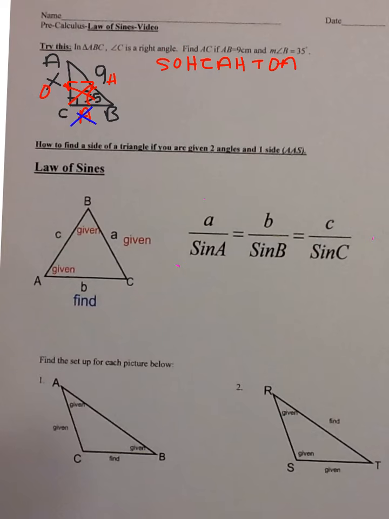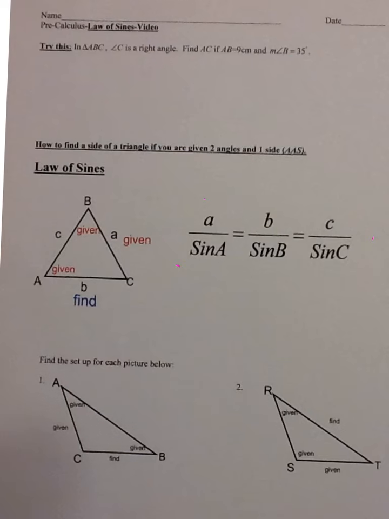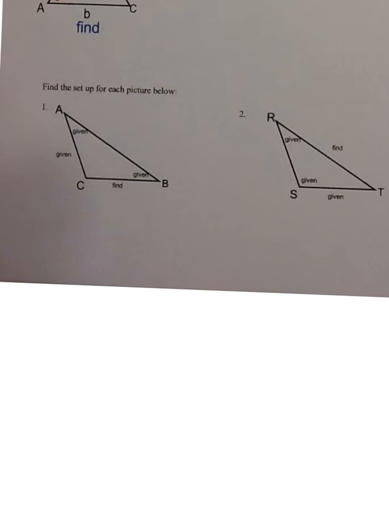And I just want to make sure that we all know how to set up the proportion. So notice I have here triangle number 1, triangle ABC. I'm given side AC, I'm given side BC, and I'm given angle A and angle B. So first thing I want you to do is label the sides.